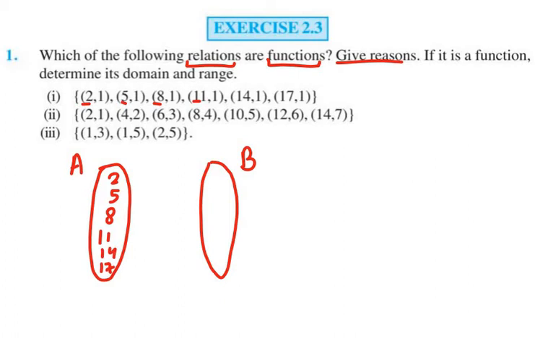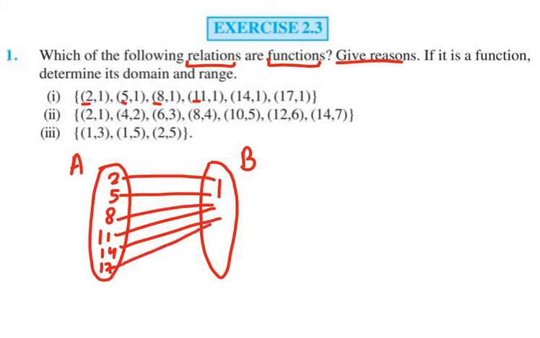Here all the elements are the same, that is 1. So B has only 1. So in this case you can see 2 with 1, 5 with 1, 8 with 1, 11 with 1, 14 with 1 and 17 with 1. So you can see that there is a unique image for all of A.